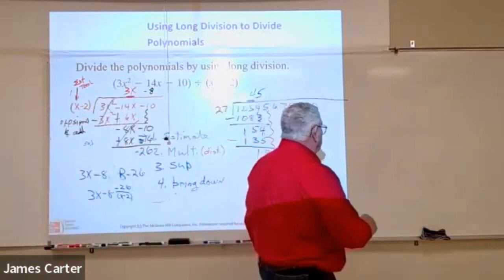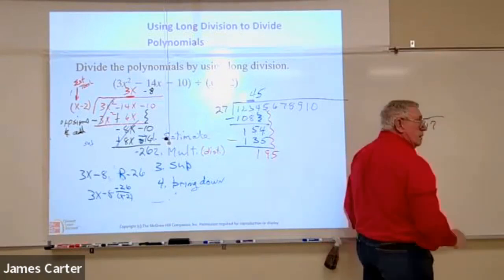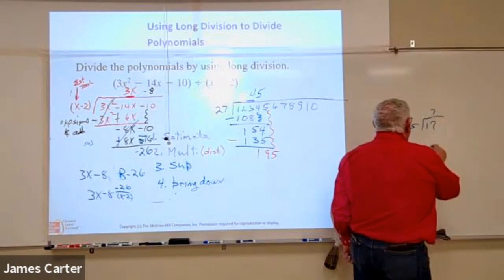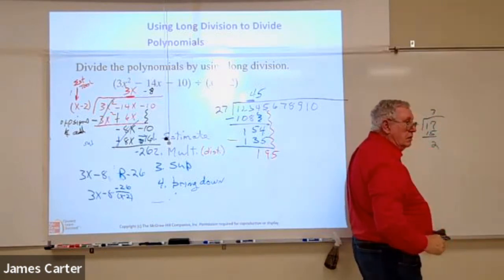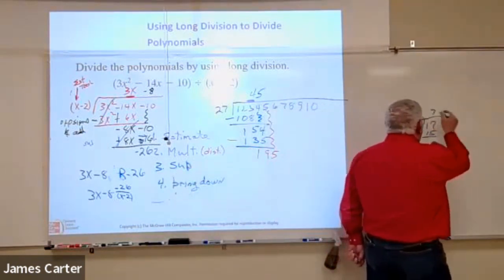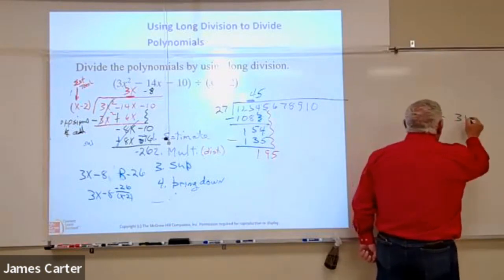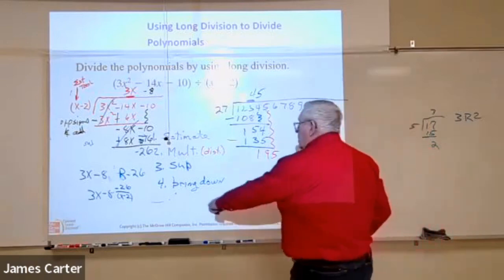Let's go back to second grade, third grade math. 5 goes into 17. Okay, goes 3 times, 15, 2 remainder. 2 remainder. How did we give the answer in second or third grade? You said 3 remainder 2. That's what I did here.